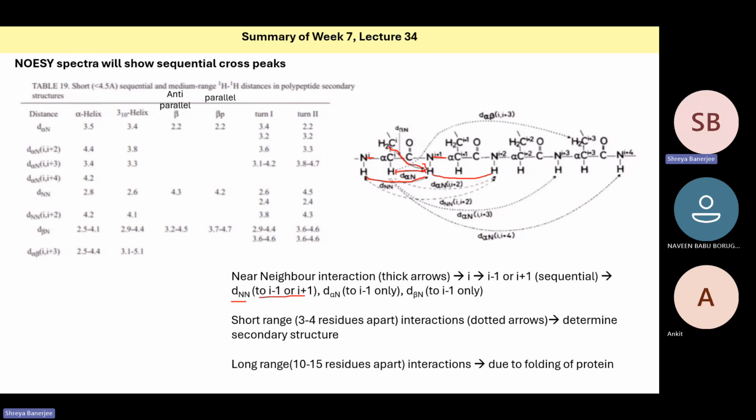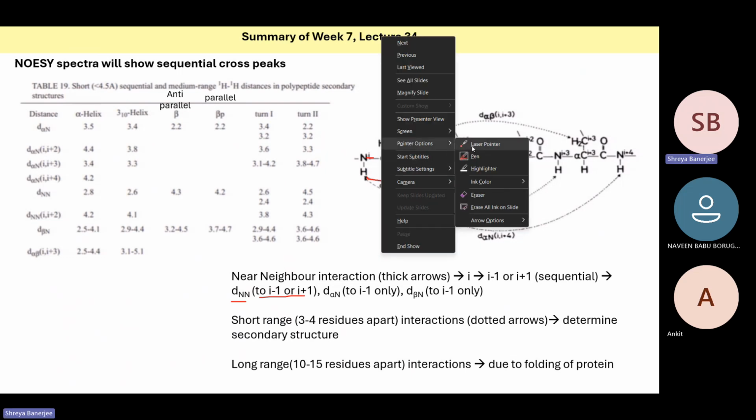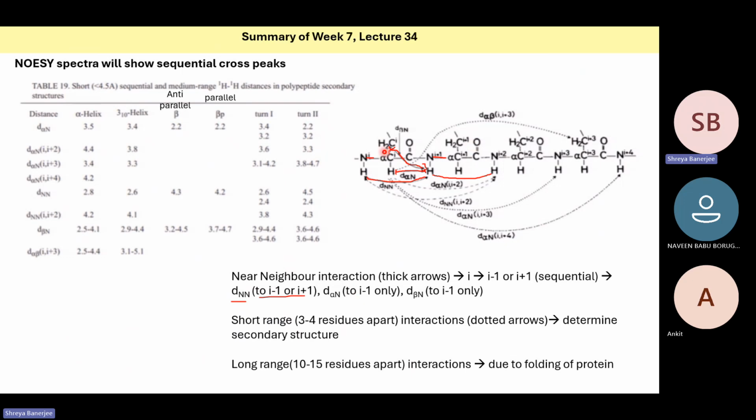So these are near neighbor interactions, where it is only happening with the amino acid directly after or directly before it, the sequential amino acid. Then you can have short range interactions, which are interactions 3 to 4 residues apart.